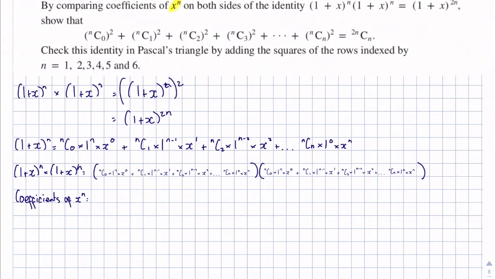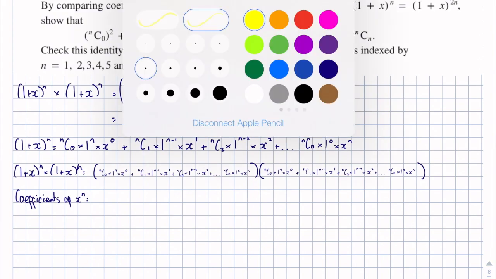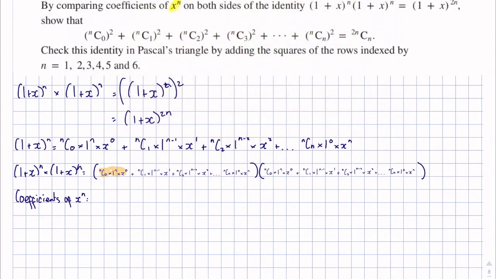So the only times we're going to have x^n is, for example, when this one, because you would do the times that, times that, times that. We're not going to bother. We're only after the results that would get us x^n. So that's x^0.